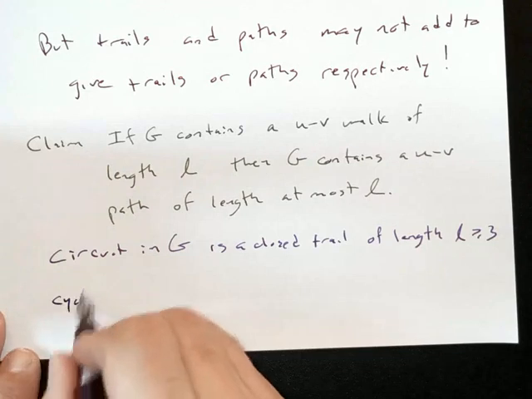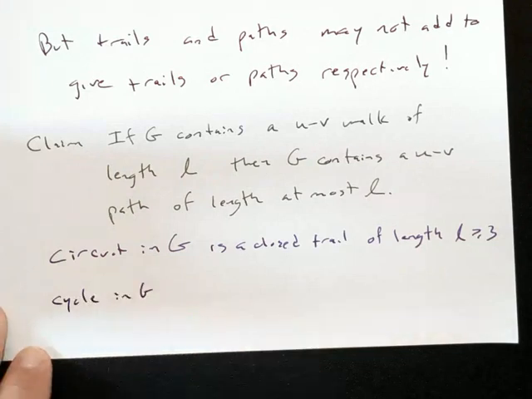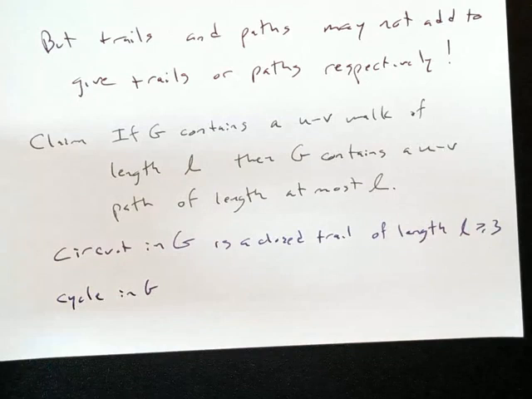A cycle in G is a circuit whose only repetition is the start and end spot.